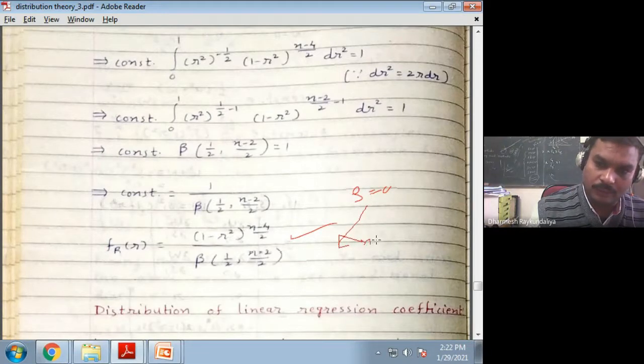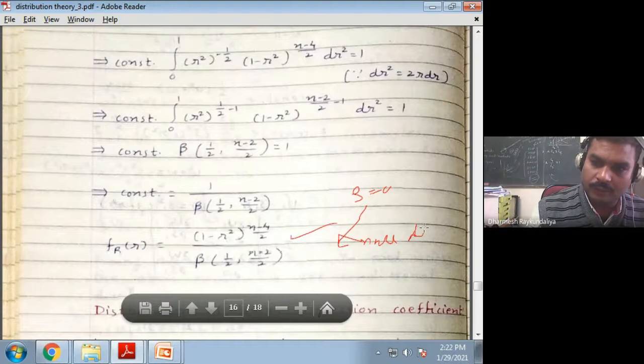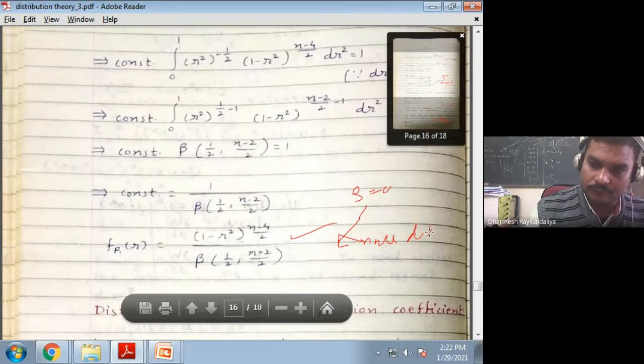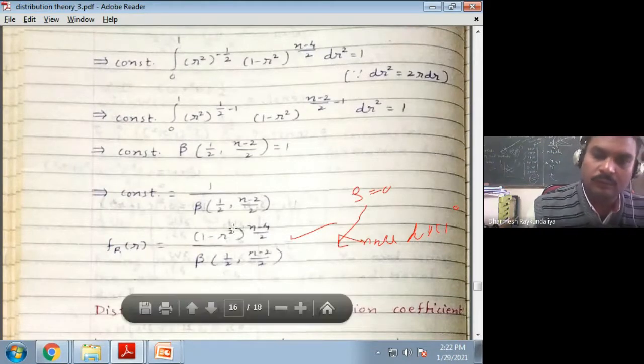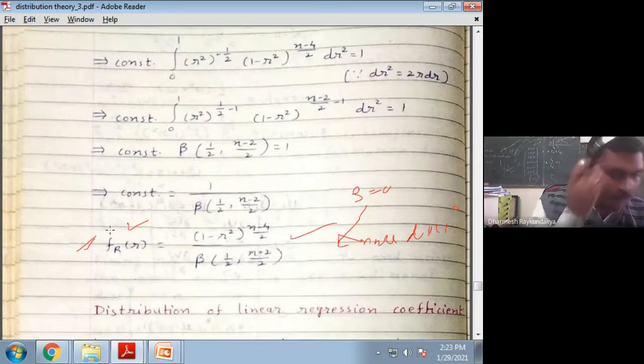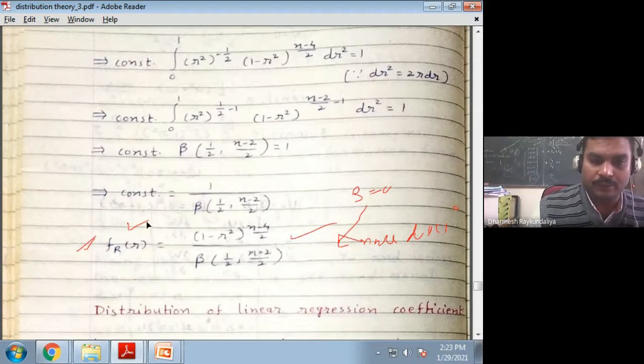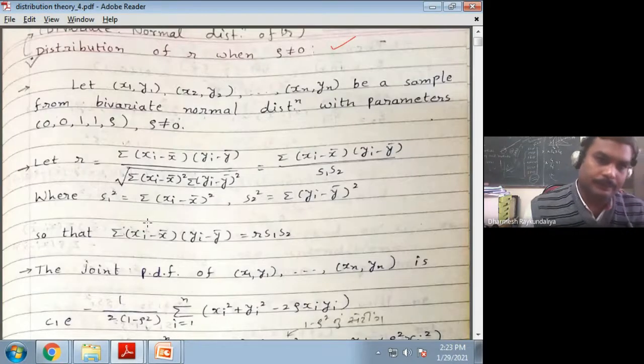If I ask in the examination, derive in usual notation the null distribution of the correlation coefficient, you have to derive this. But if I say obtain the non-null distribution of the correlation coefficient, then we have to proceed this way.